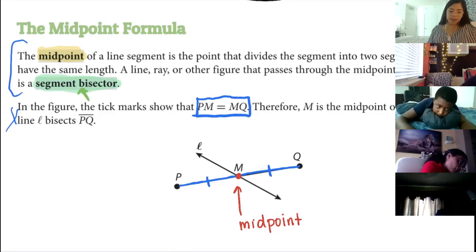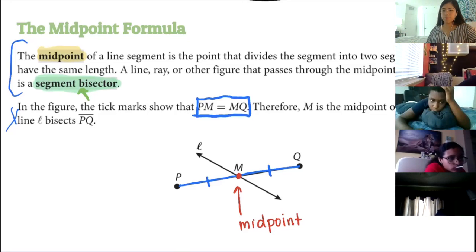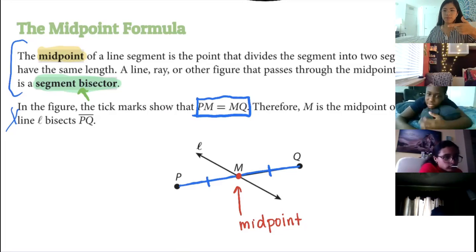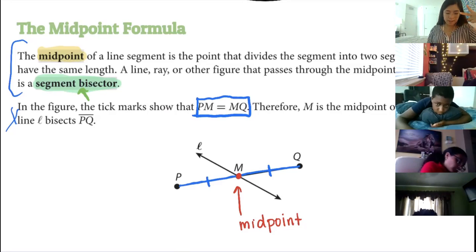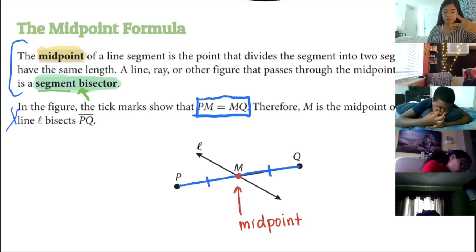The prefix bi, what does that mean? I don't know. So think of other words that have the prefix bi. We got bicycle. It means two, exactly. So this is telling us that the segment is going to be in two parts.